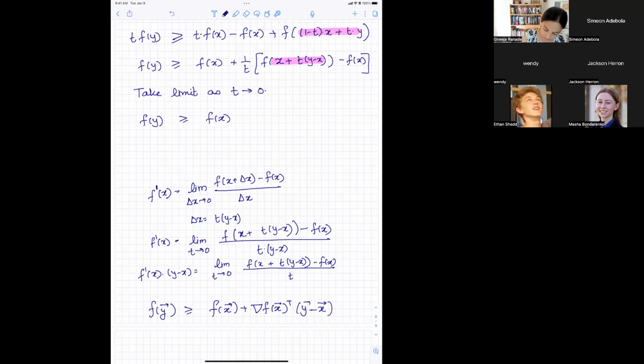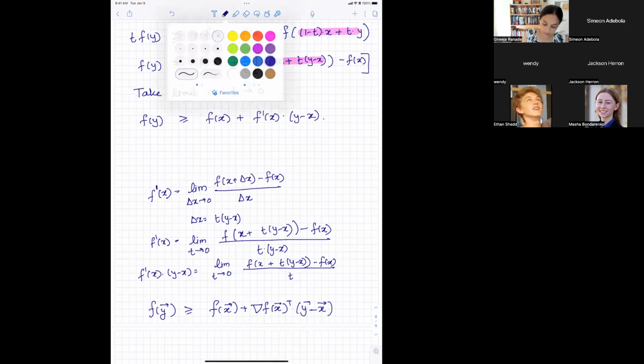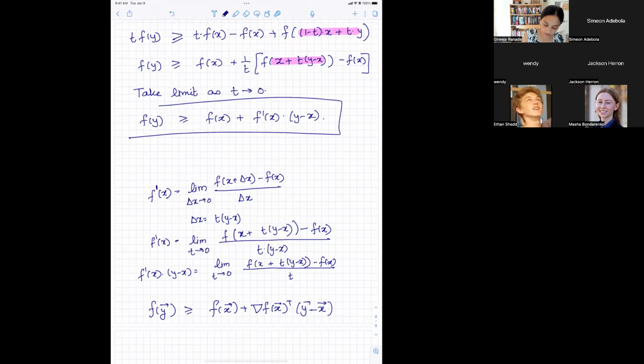So I can write this as plus f prime of x times y minus x, which gives me exactly what I wanted, the first order condition.